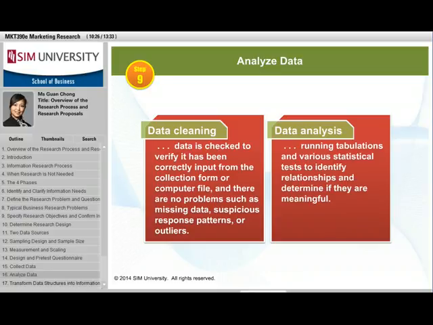Step 9. Analyze data. Before the data is analyzed, it needs to be cleaned first. After data cleaning, the data is checked to verify it has been correctly input from the collection form or computer file, and there are no problems such as missing data, suspicious response patterns, or outliers.